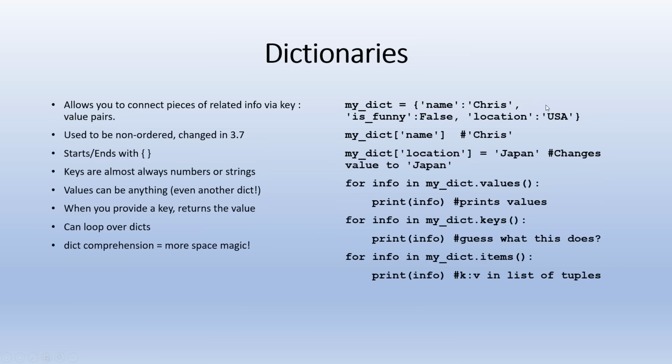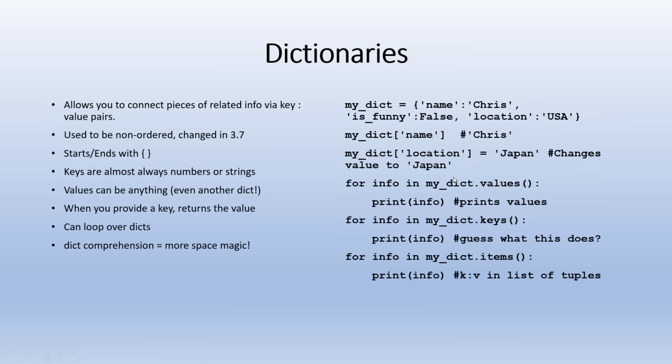You can add additional values to the end of the dictionary. You can pull all of the values out of the dictionary. You can pull all the keys out of the dictionary. You can pull both the key and value pairs out of the dictionary. So here's a good for loop: for info in my dictionary dot values.